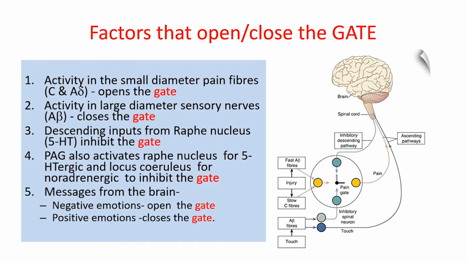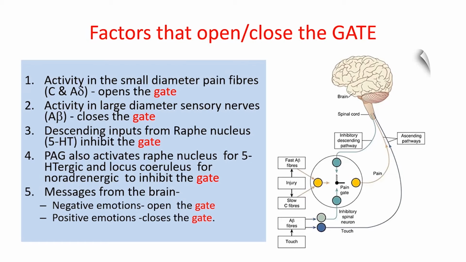A beta fiber stimulation closes the gate. There are descending inputs from the Raphe nucleus, that is serotonergic fibers, they close the gate. Similarly, the information coming from the periaqueductal gray, that again comes through the Raphe nucleus as well as another nucleus, that is locus ceruleus, that means it secretes both 5-HT and norepinephrine.